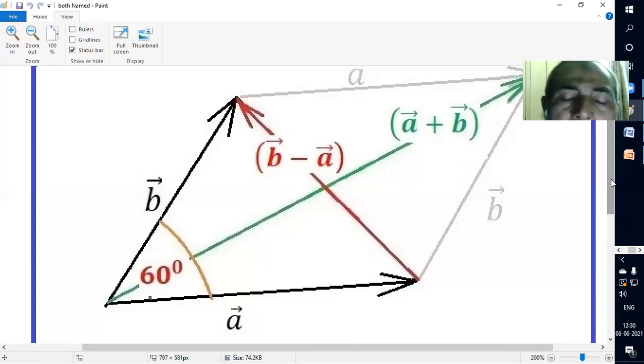Okay, my dear students, here inversion of the vector, that means if you want to reverse the vector, there are two possibilities. One possibility is that you just inverse the direction, or another possibility is to write the magnitude in the reverse direction.